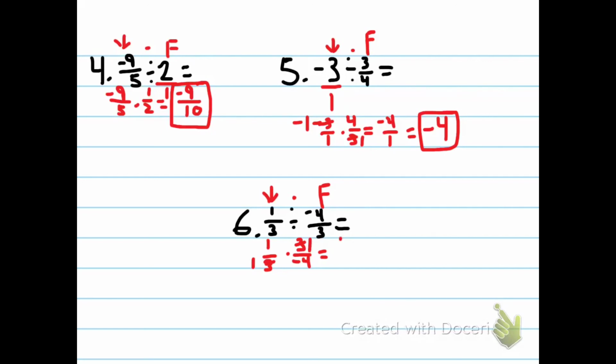So 1 times 1 is 1. And then negative 4 times 1 is negative 4. So your answer is 1 over negative 4. Keep in mind that you can't always use the simplifying before actually solving it, because sometimes there won't be numbers that have a greatest common factor.